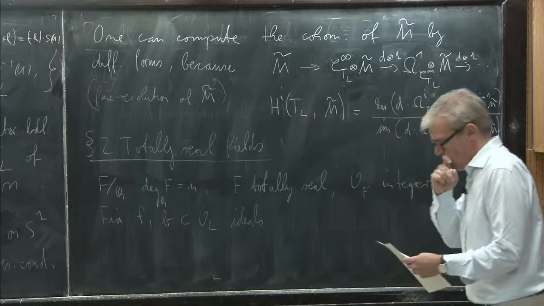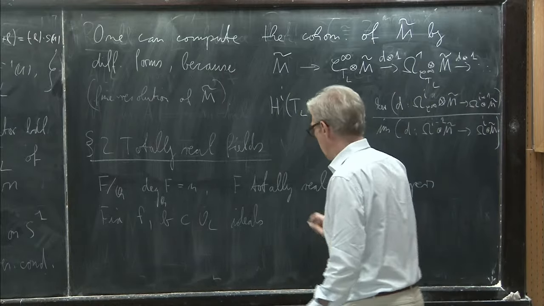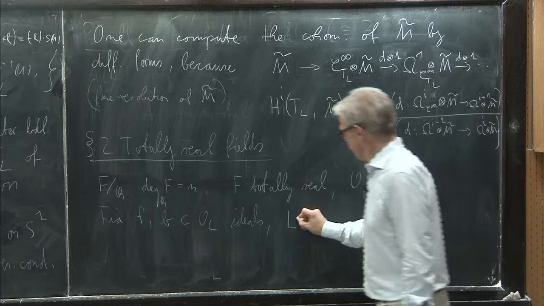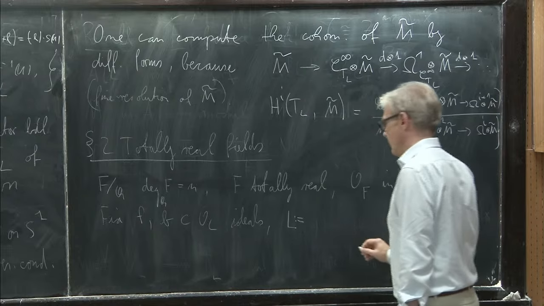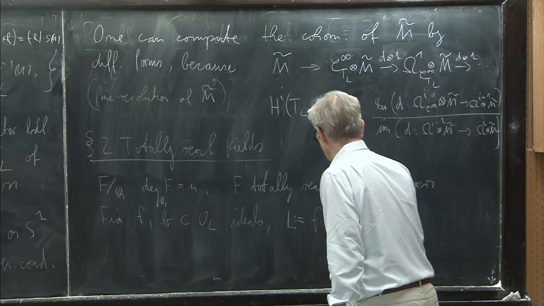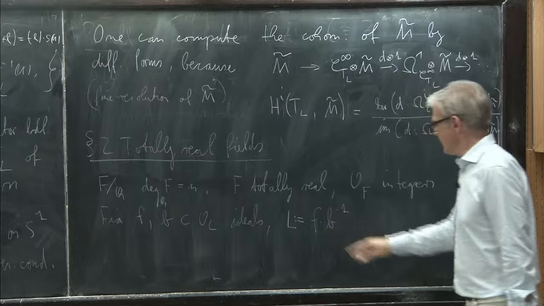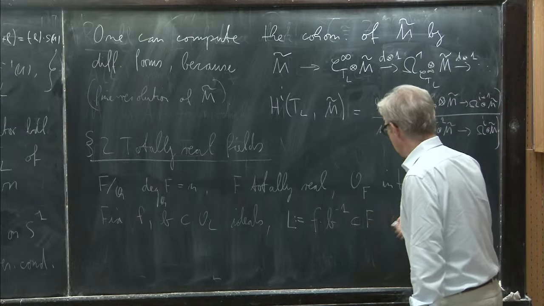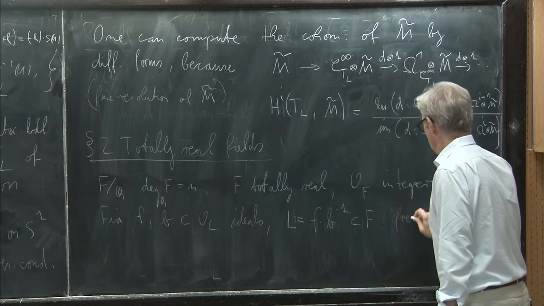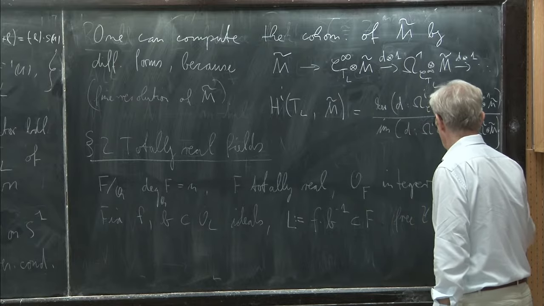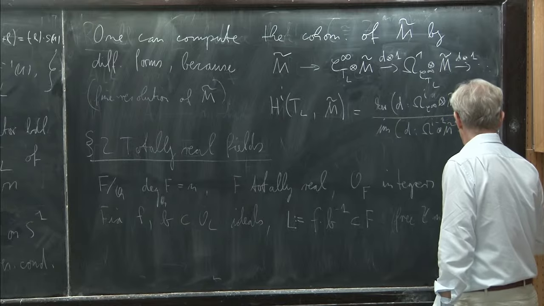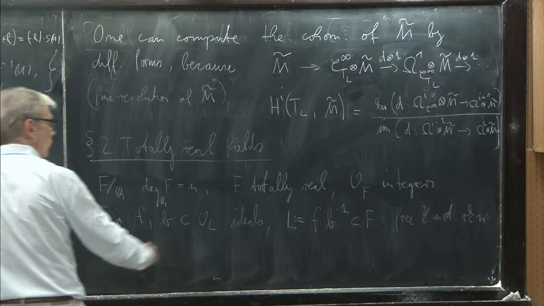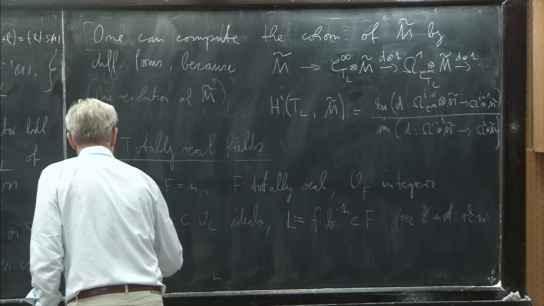And then we put L. This is written on purpose. This will be the lattice we will later use. We take f times b inverse. That's a fractional ideal in F, and in fact, this is a free Z module of rank n.